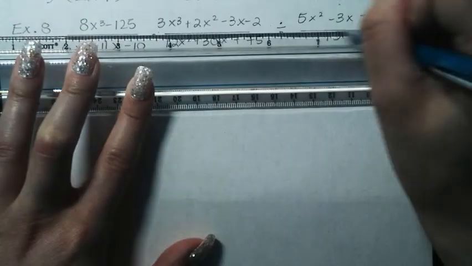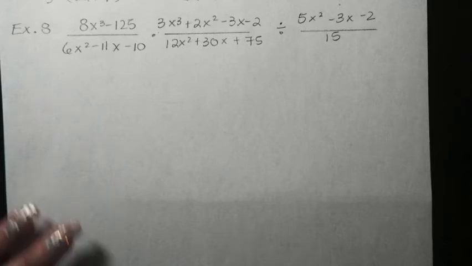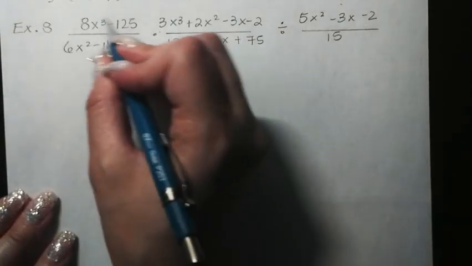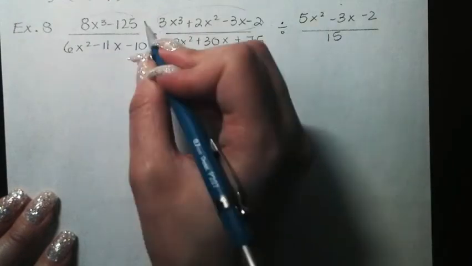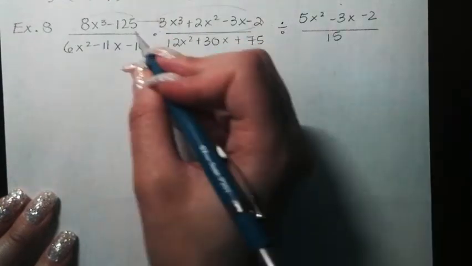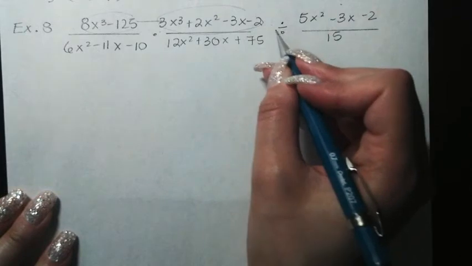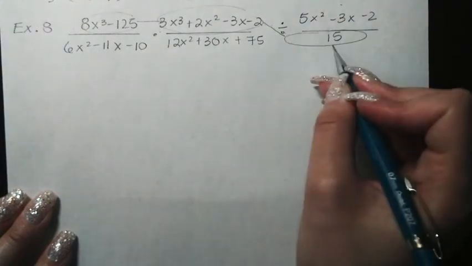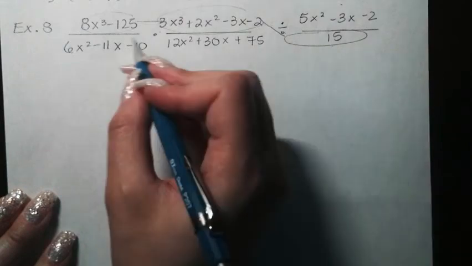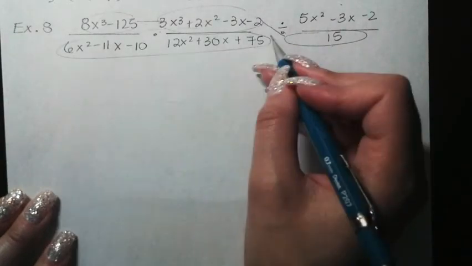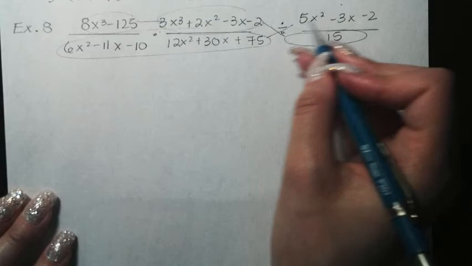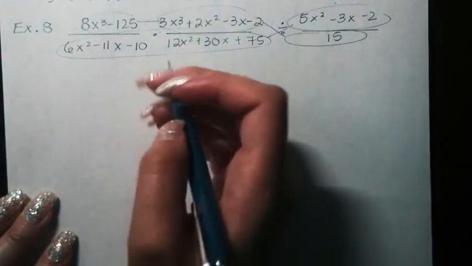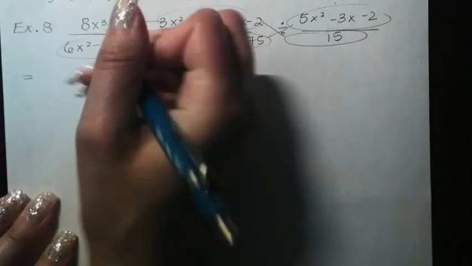So what are we going to do? Follow the rules. You know that this is a multiplication, so these two polynomials are going to multiply straight through. Now the result of that multiplication, since you have a division, you are going to multiply times the 15, and the result of multiplying this times this, you are going to put at the top. Let's rewrite it.